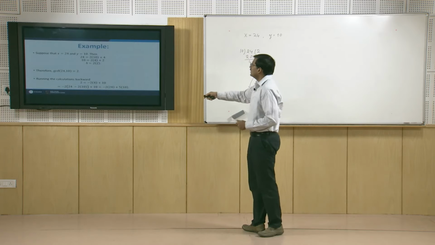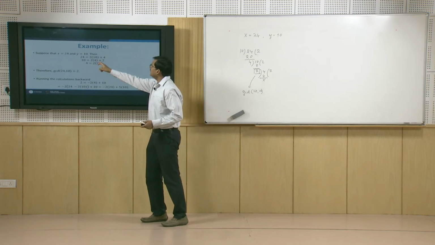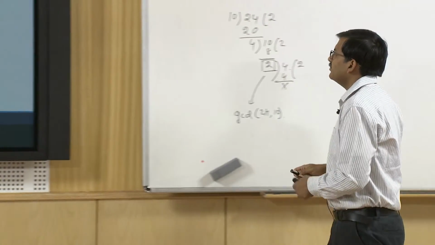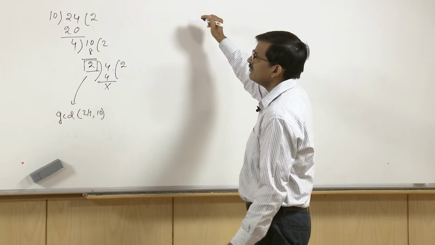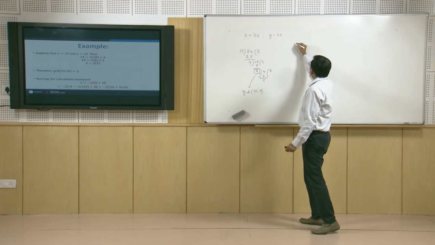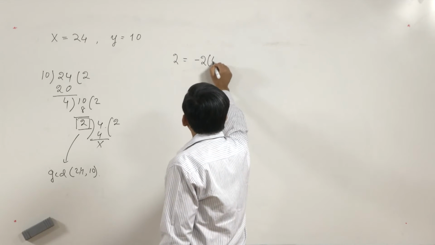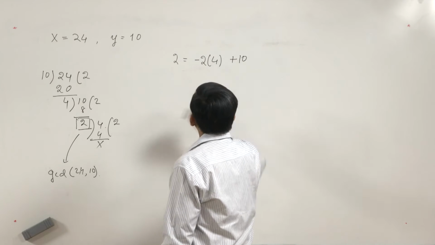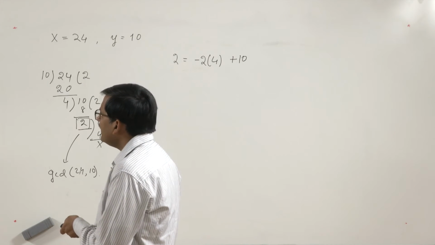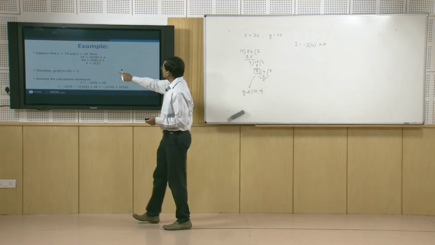Let us see, we have got 2 over there, we can transpose this term to the other side. So, we will get something like this, 2 equal to minus 2 times 4 plus 10, and then I can replace 4 by looking at this term.